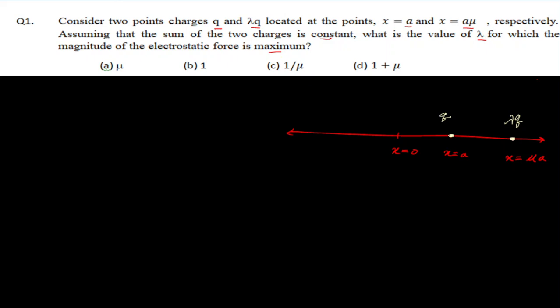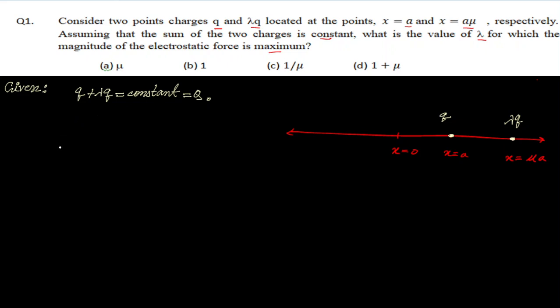Now what has been written in the question is that the sum of these two charges is constant. So let me write here, given: q plus lambda q is equal to a constant, and let's say this constant is q naught.